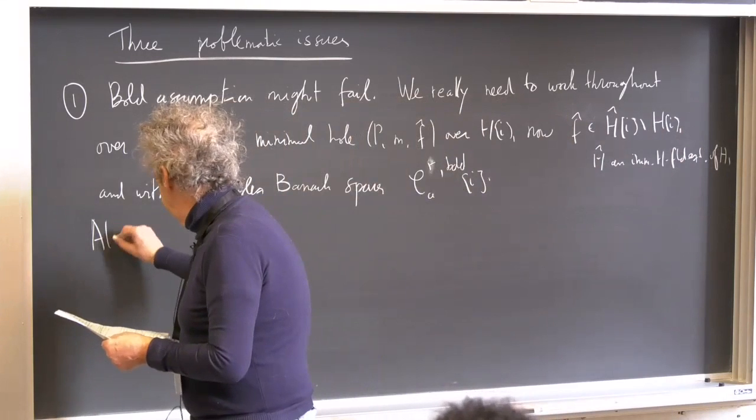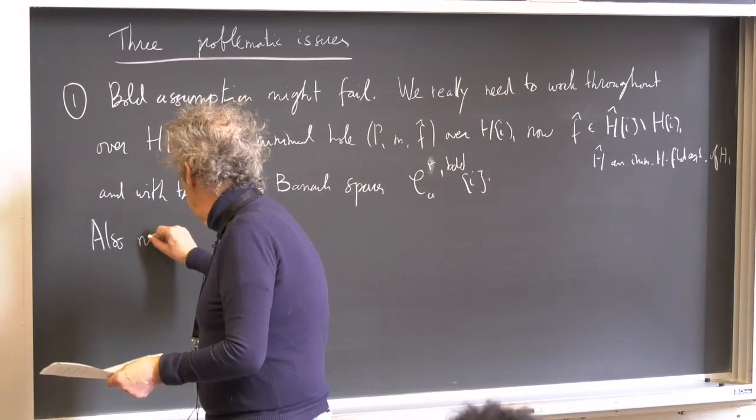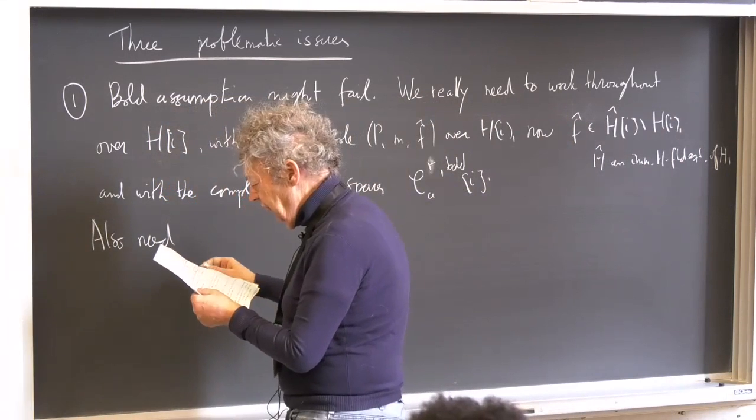Again, we could have assumed that from the beginning. We already know that we can always adjoin these things.